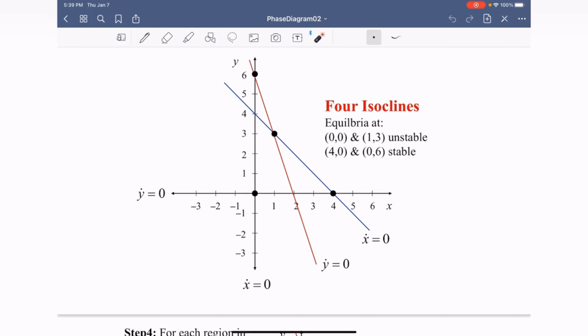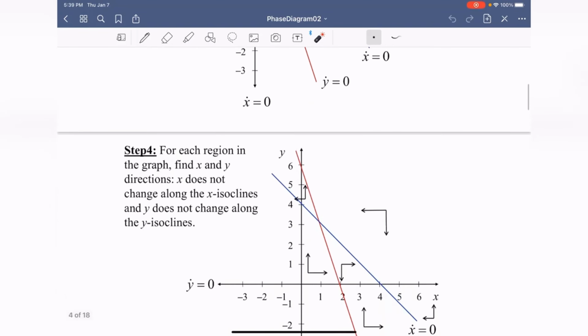The third one is x dot equals 0, this blue line. And the final one is x dot equals 0, the vertical line. And we identify these equilibrium points: (0, 0), (1, 3), which is this one here, (4, 0), and (0, 6). So those are our equilibrium points.